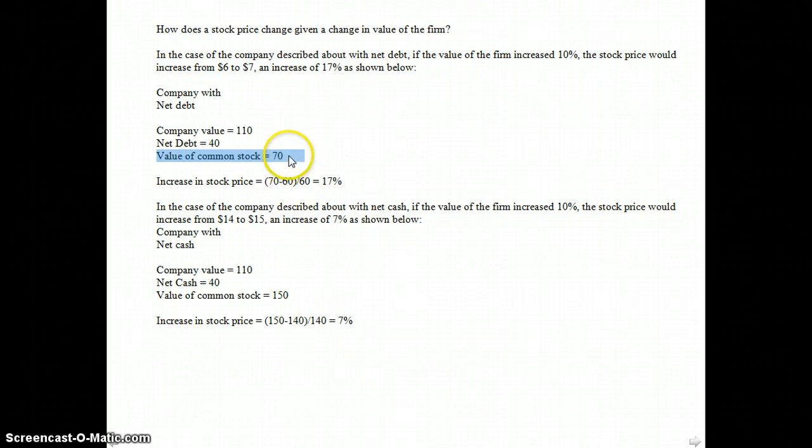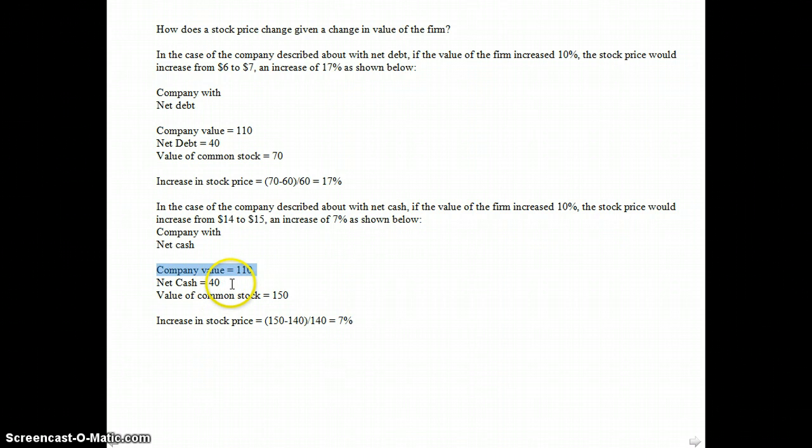So if the value of the common stock is now 70, it was 60, if we do the math and say how much has the share price gone up, it's gone up 17%. It didn't go up 10%. And the reason it didn't is because it has leverage. It has net debt.